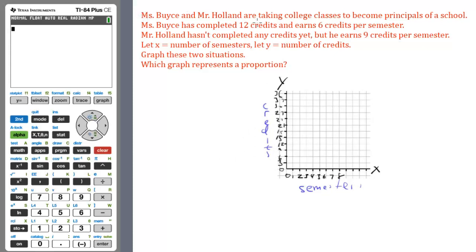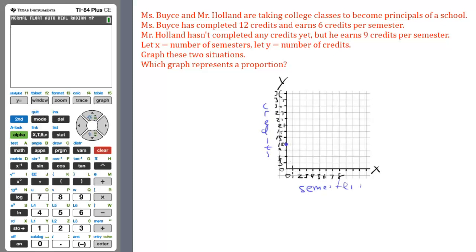Okay, so Miss Bice already has 12 credits. So before she's even done one semester of coursework, she already has 12 credits. So for 0 semesters, I'm going to put a dot at 12 on the y-axis, which represents the number of credits. And then she earns 6 credits per semester.